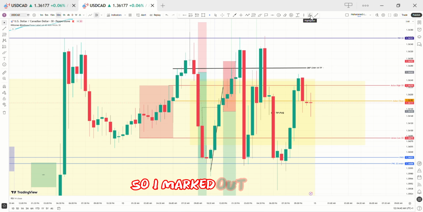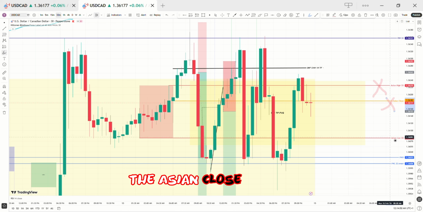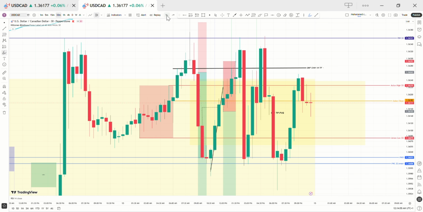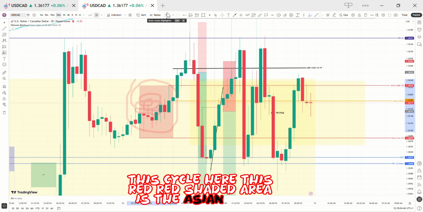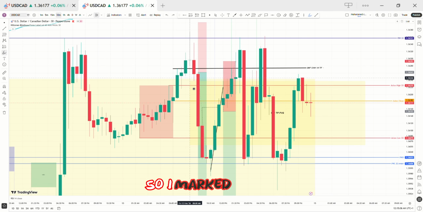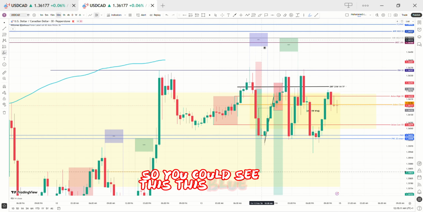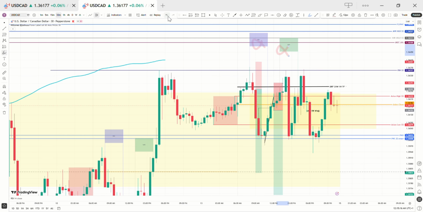So I marked out my Asian range, which is the Asian high, the Asian close, and the Asian low. As you all know, this red shaded area is the Asian range. You could see this blue is the London kill zone, while this is the New York kill zone.